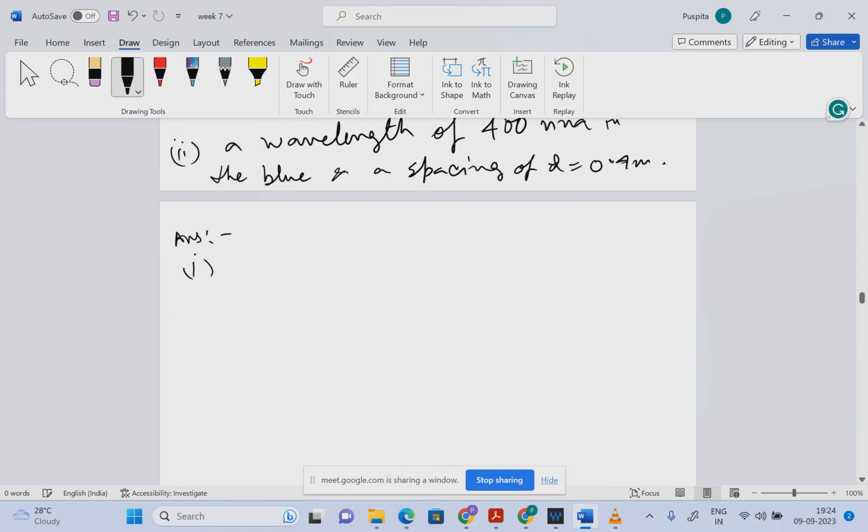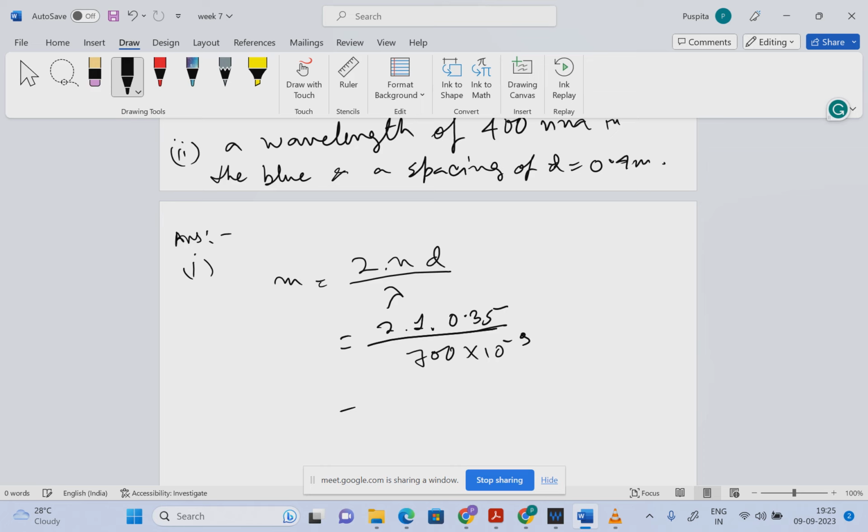So m is equal to 2 n d, with n equal to 1 and d here 0.35 meter, and lambda is 700 nanometer, so 7 into 10 to the power minus 7.